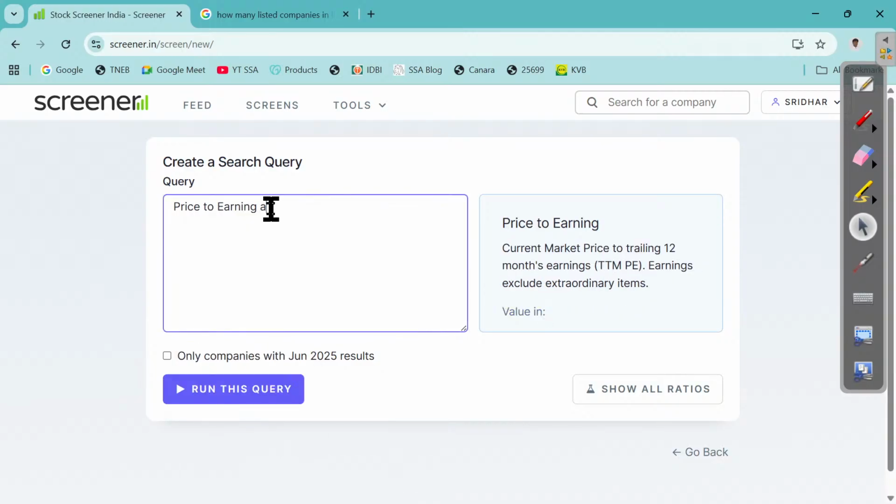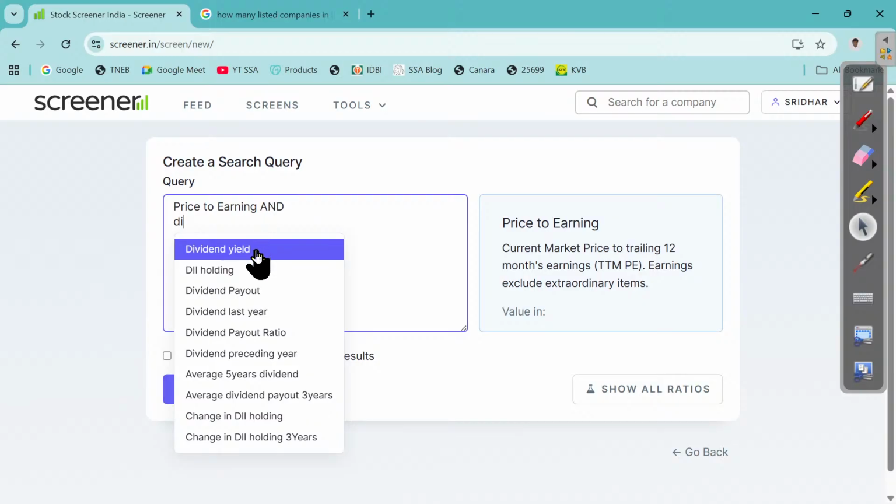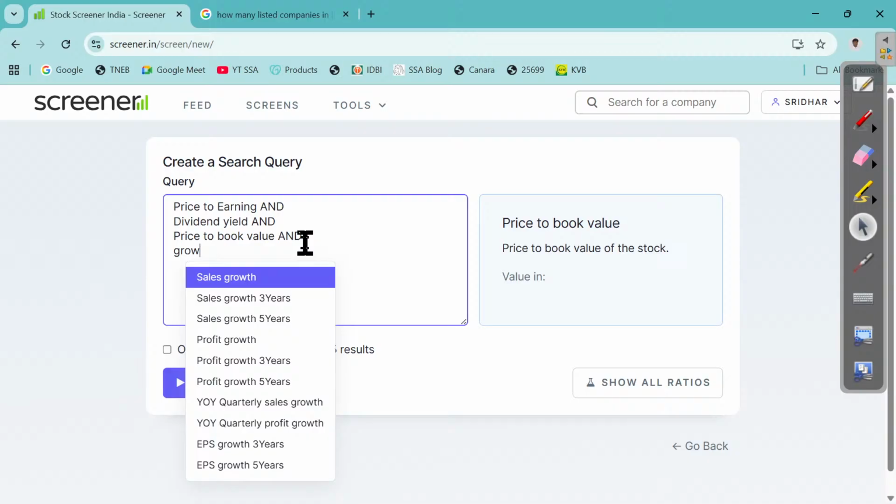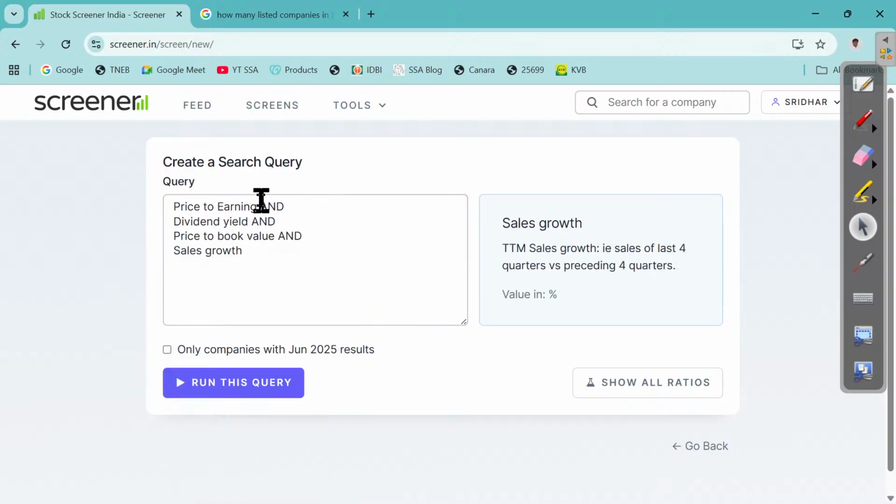Okay. Not only that, I need to know dividend yield ratio and price to book value ratio, and what more ratio? Growth, sales growth or profit growth. P/E ratio should be how much?